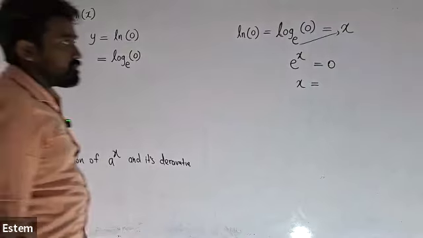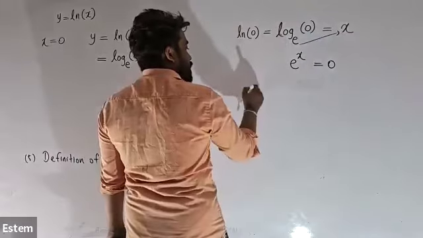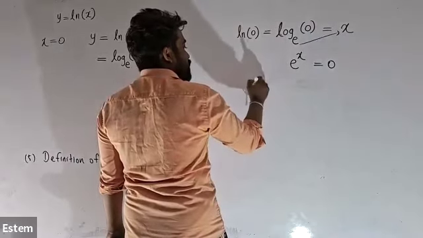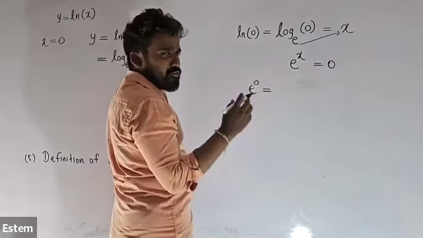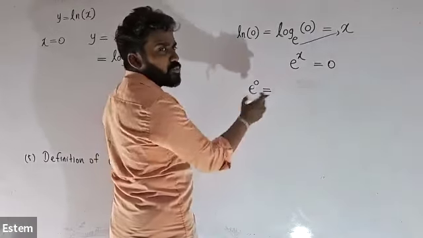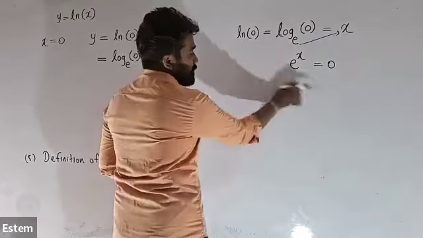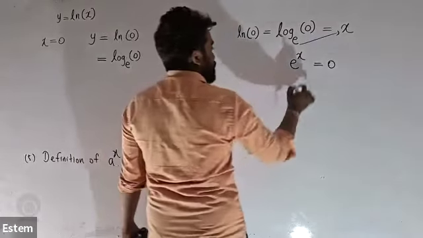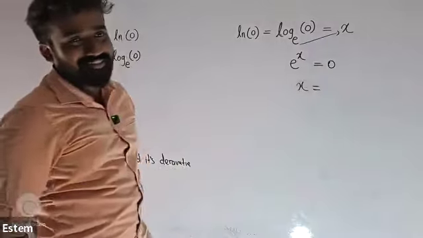No. What happens to e to the power 0? We know that if we take the 0th power of any number, it becomes 1. So it will be wrong. So what's the value of x? Anyone?